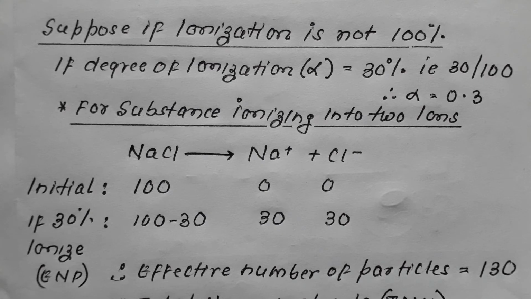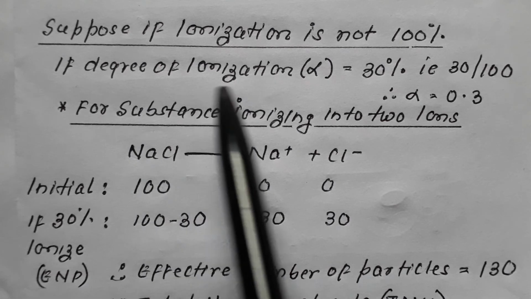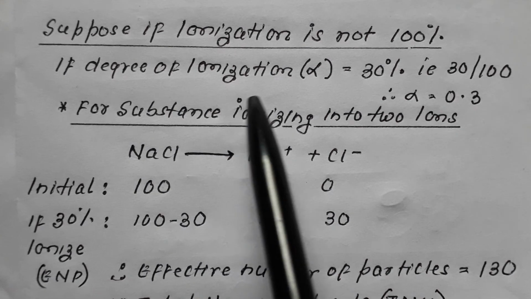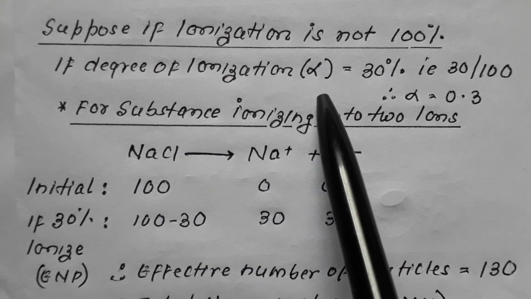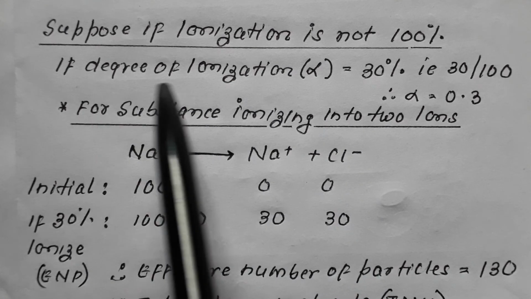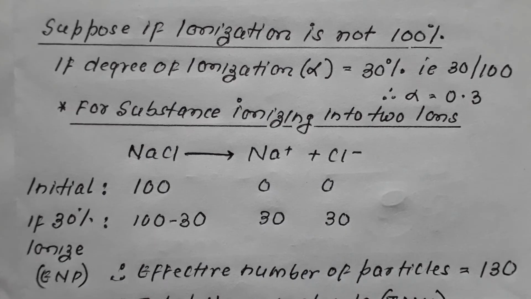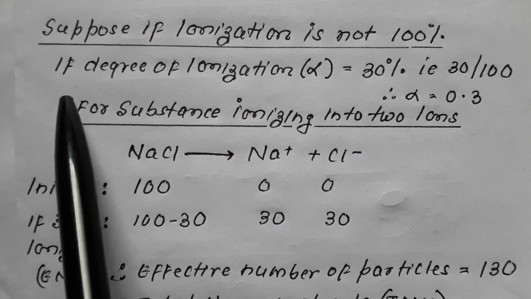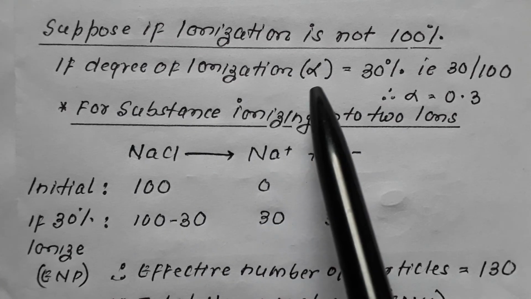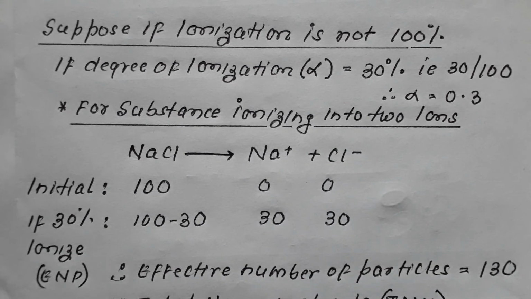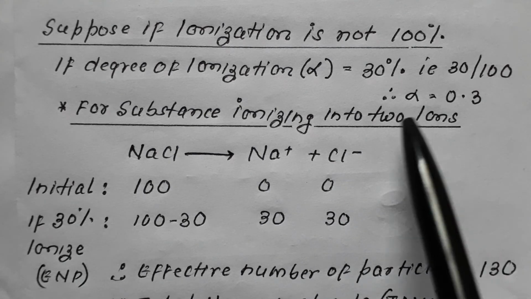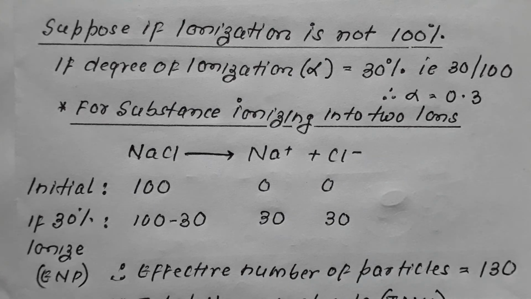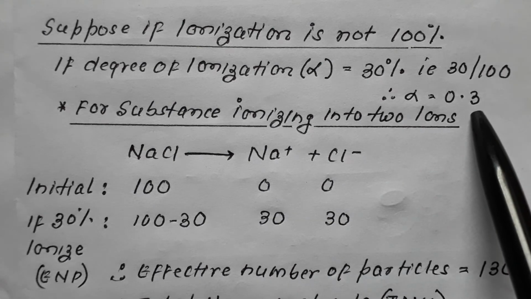For the purpose of an example, the degree of ionization is represented by alpha. Suppose a substance is only 30% ionized, just taking an example to explain how it operates. If the degree of ionization alpha is 30%, that is 30 upon 100, alpha comes to be 0.3.